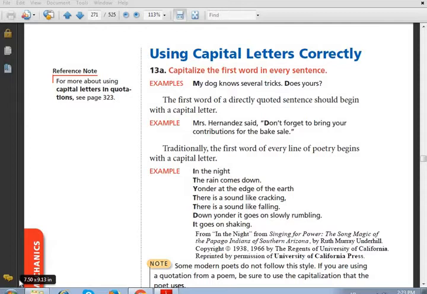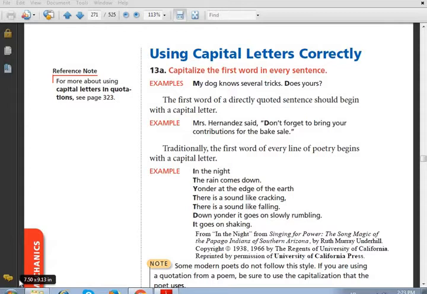Okay. Another note, some modern poets don't follow this style. When you quote from a writer's work, use capital letters as the writer used them. As I told you before, you have to go back to the original text which you are quoting from.